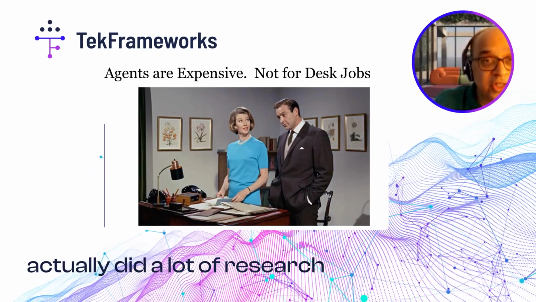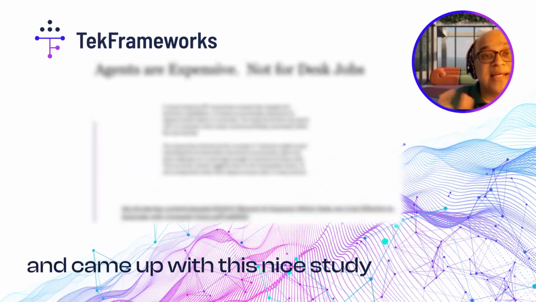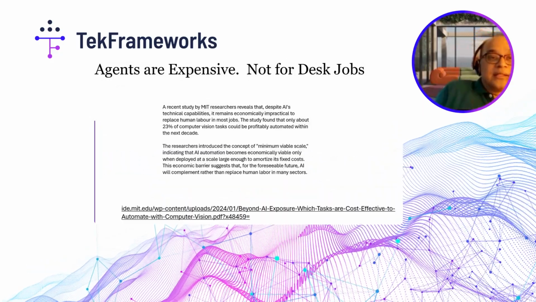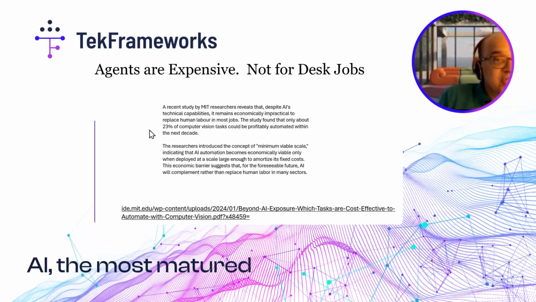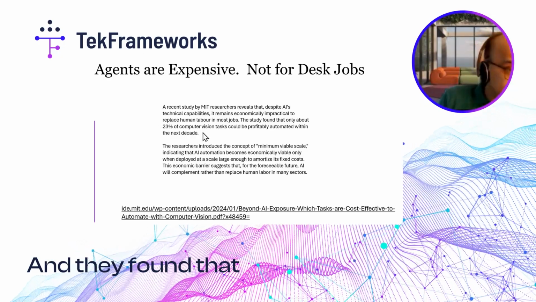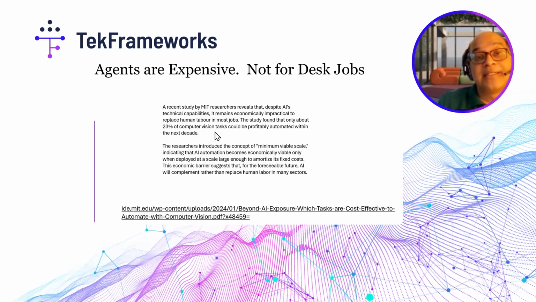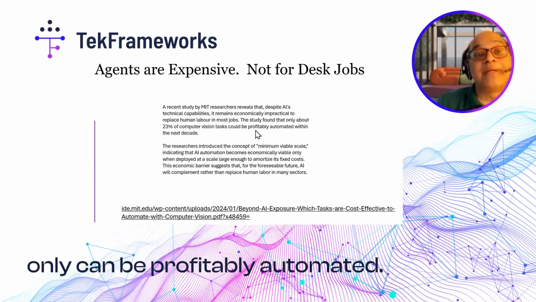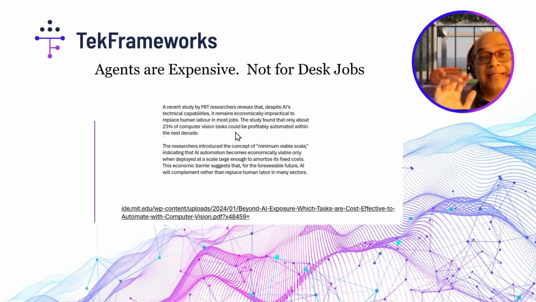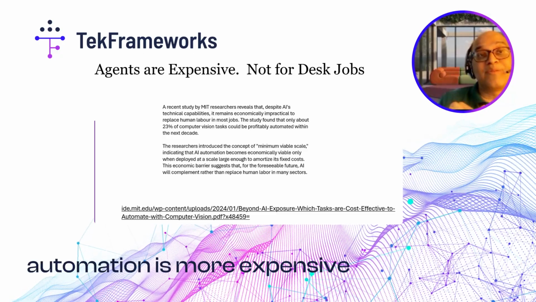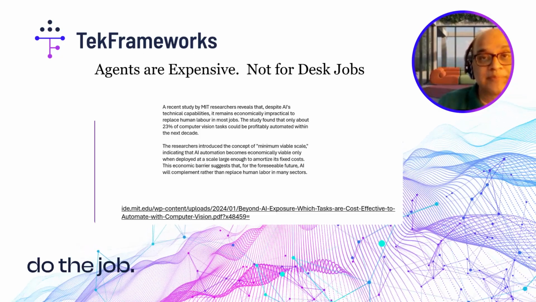MIT actually did a lot of research and came up with this nice study: of all the AI, the most matured AI is computer vision. And they found that even in computer vision, only 23% can be profitably automated. 77% of automation is more expensive than just having humans do the job.